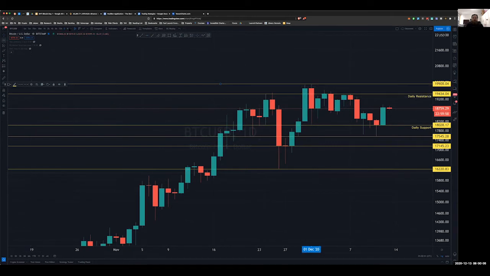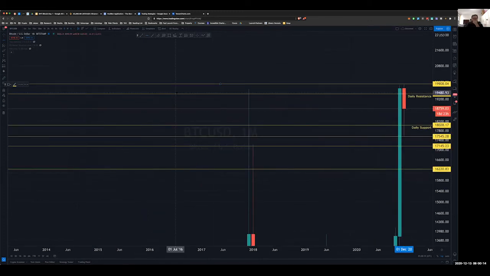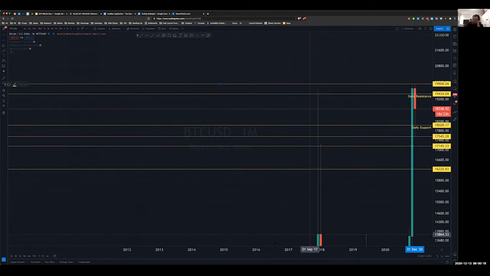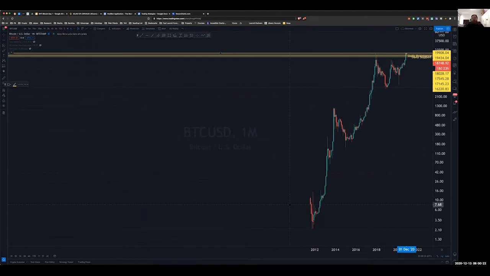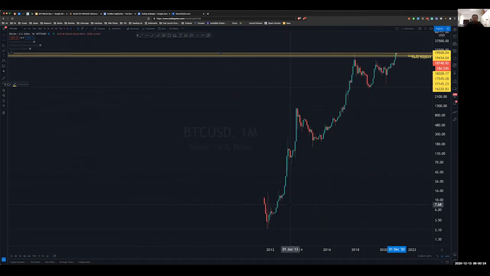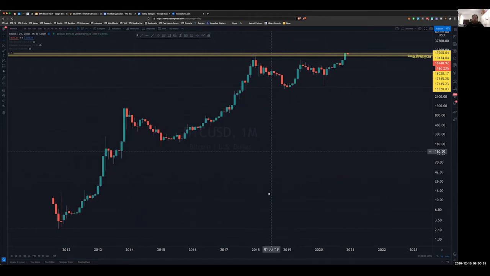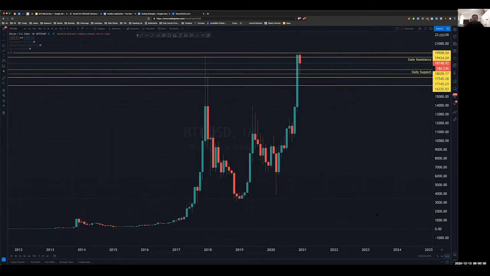So this is where you would zoom out to, if I go to the monthly, and go back, scroll, oops, get this reset. This auto function is really annoying.